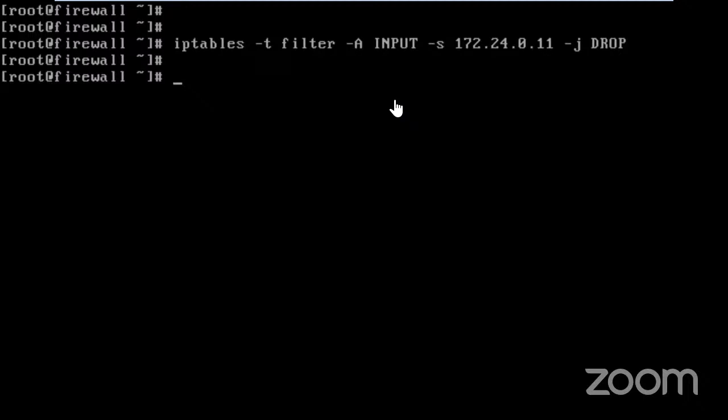That means the security guard is there, but he or she is going to act only when you pass the instruction. In the same way, this firewall is already there. You have to pass the instruction. So we are saying A means add the rule in the input direction and block the traffic from this source address. J means jump, drop.